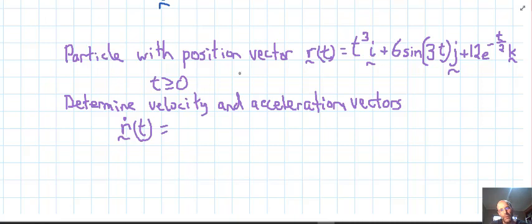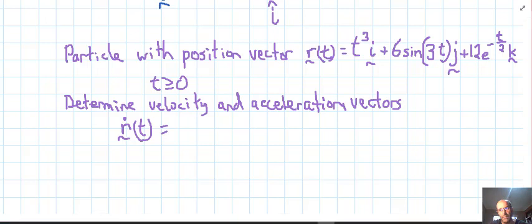And by the way, sometimes for these unit vectors i, j, and k, you'll also see them written with the little hat like that too. Okay, so just throwing that in there.